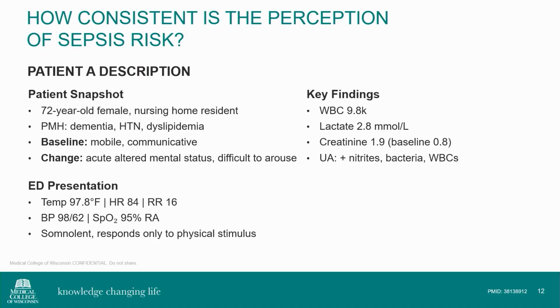Some of the key laboratory findings: her white blood cell count is 9.8, she has a lactate of 2.8, and her creatinine is 1.9, which is elevated over her baseline. On UA, her urine is positive for nitrites, bacteria, and white blood cells. This is the information you would typically get at triage, as a triage nurse or as an emergency room physician.